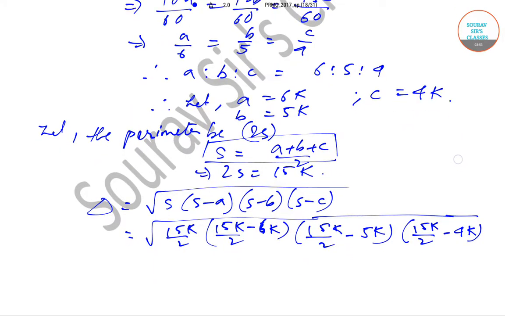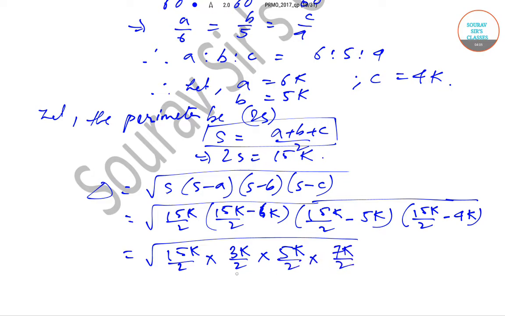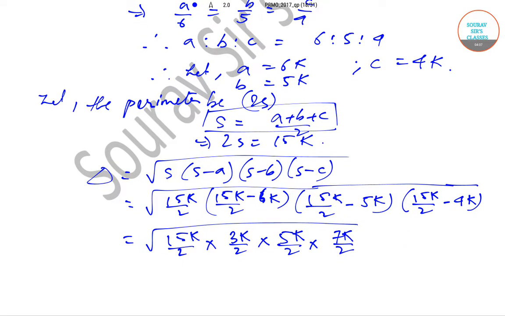So this entire structure we can break down into root over 15K by 2 into 3K by 2 into 5K by 2 into 7K by 2, and this will be equal to 1 by 4 into 15 into root 7 and then K square.